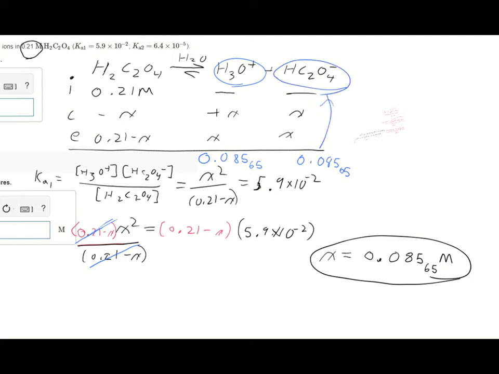We need these concentrations in order to work our second ice chart.